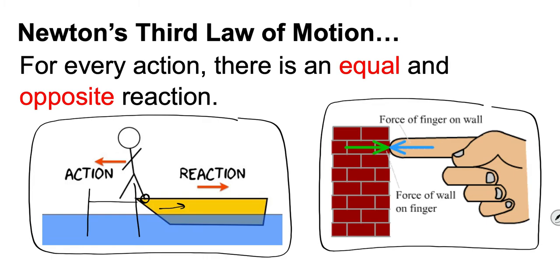Those are equal and opposite reactions, okay? And there is an interesting force here called the normal force. We'll say here that the normal force is equal to the force of your push with your finger. So the normal force is basically a surface force. A surface counteracts whatever force is happening on it and pushes back.